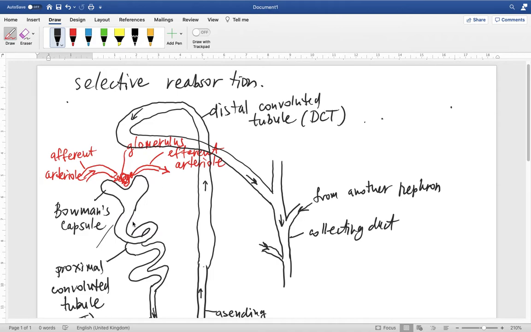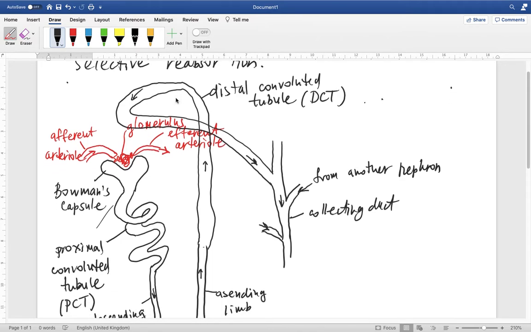So why do you have such a long nephron all dedicated to this process of reabsorption? Well, I hope some of you are able to figure it out yourselves. Essentially, you want to give the useful substances as many chances as you possibly can to go back into your bloodstream and be used by your body.